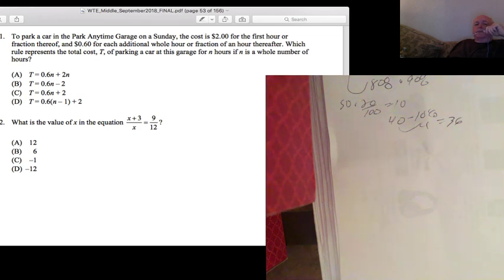Which rule represents the cost for n hours if n is a whole number of hours? Since they're talking about whole hours, it seems to me they're throwing away the fraction thereof part. So we're not going to deal with minutes. We're just going to deal strictly with hours. All right, there's a couple ways to do this again. One is you could cover the answers and try to figure out what the answer is, and you should often do that.